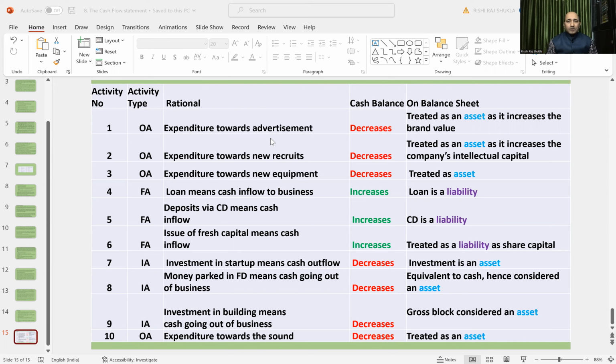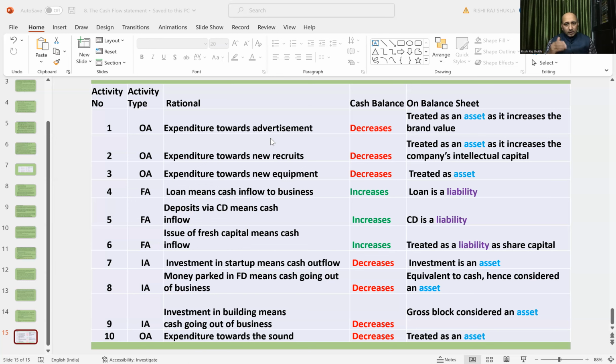Third, expenditure towards new equipment, utensils here. This is also decreasing cash, but it will be a company asset. Now, fourth activity is loan taken from bank. So this is cash inflow to the restaurant business.